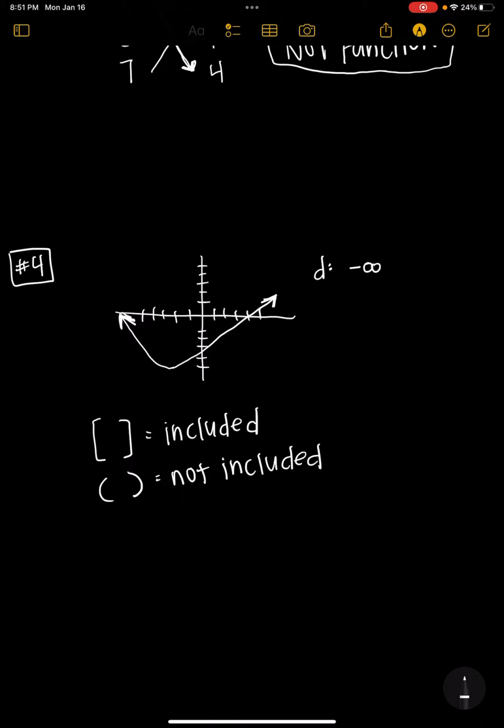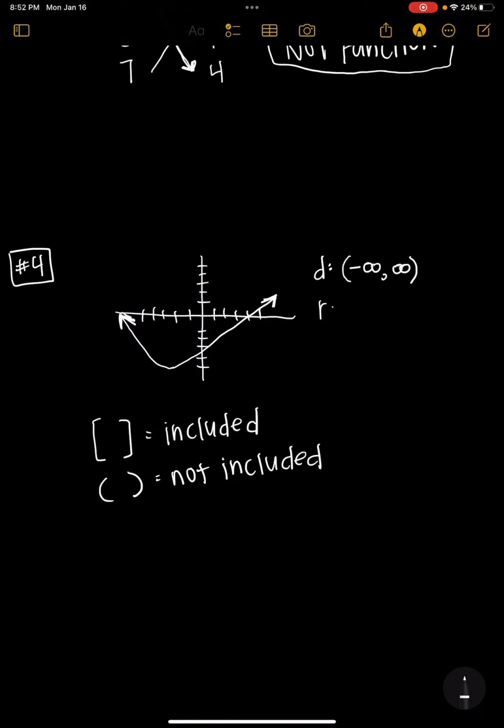And the very rightmost x, because of the arrow, would be +infinity, because it keeps on going right and right and right. Now, these infinities are never included because we don't actually know what infinity is, and so we put parentheses around both of them. That would be considered our domain. What that tells me is that the domain goes all the way from -infinity to +infinity.